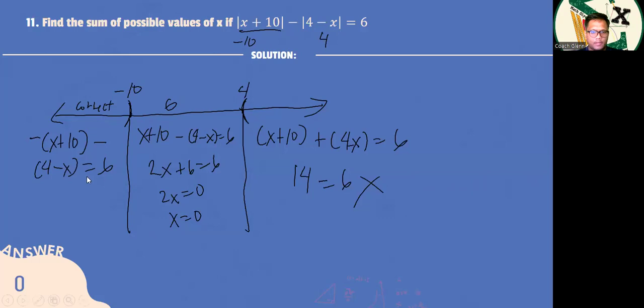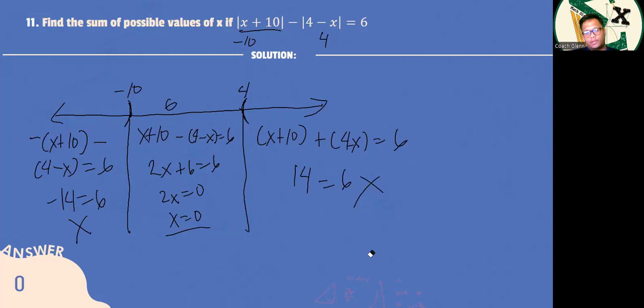Wait, I made a mistake. We have here negative times 10, so that should be negative 10 minus 4. So that should be negative 14 is equal to 6. So there's no solution. So your only possible solution is x is equal to 0. Yep, negative 10 minus 4 is negative 14. So that's it. The only possible solution is 0.